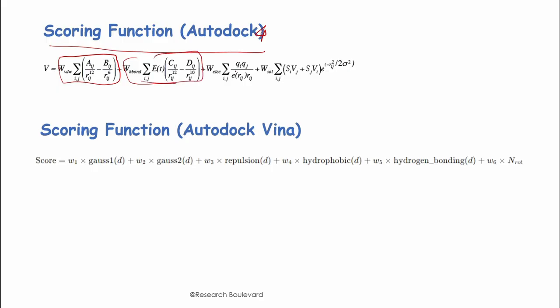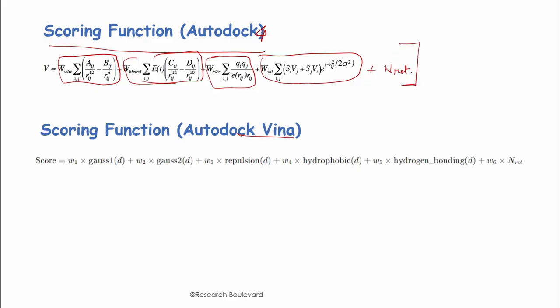In AutoDock Vina they are using some kind of Gaussian function. This is for attractive forces like the van der Waals interaction, and they use repulsion terms also, and then hydrophobic, hydrogen bonding, and the rotatable bond.